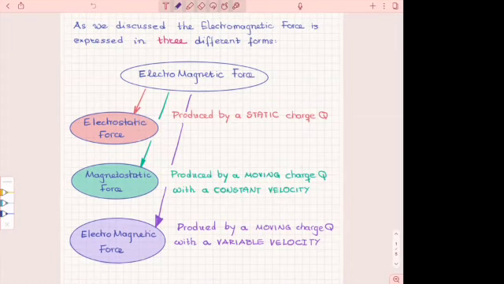Now, why do we look at them separately instead of looking at the whole thing together? Usually we do that in graduate school, all right? When you start talking about the most general cases, then you look at the full thing.